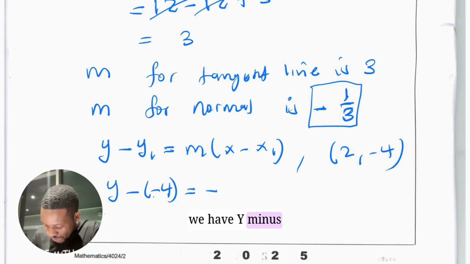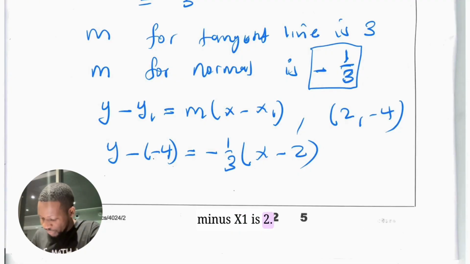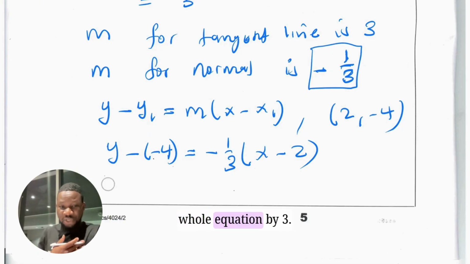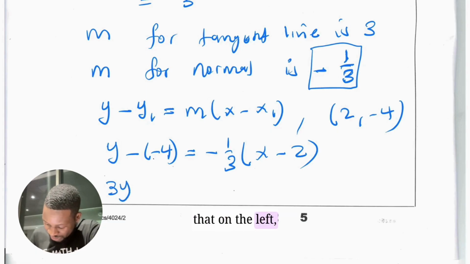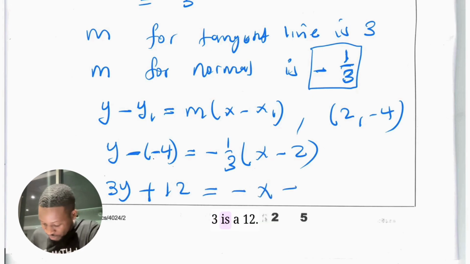So therefore, we are going to use y minus y1 equals m times (x minus x1). In this case, remember we have been given (2, -4) as a point. So that is what I'm going to use. So we have y minus y1, which is y minus negative 4, equal to the slope, negative 1 over 3, times x minus x1, which is x minus 2. Now I just simplify, right? Since I have 1 over 3 on the right hand side, I can multiply the whole equation by 3, so that on the left I have 3y. This becomes positive, negative times negative is positive, then 4 multiplied by 3 is 12. Then this is equal to negative (x minus 2), that is negative x plus 2.